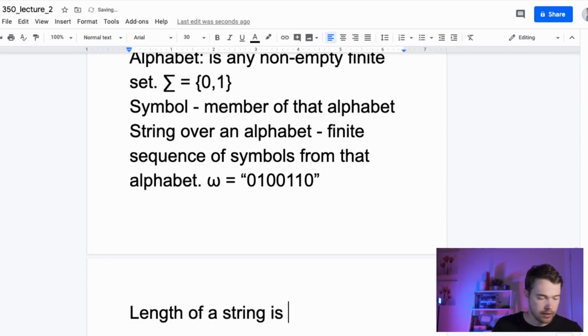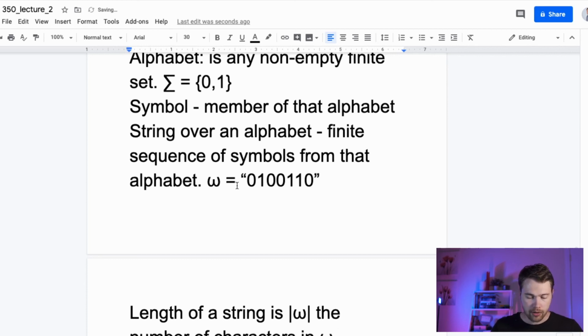What is the length of a string? It's usually written like this, kind of like modulus, of omega. It is the number of characters in omega.